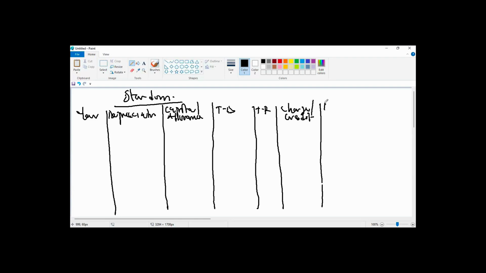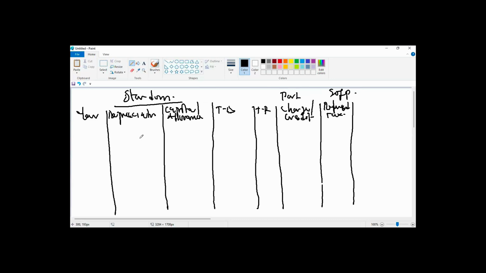You want to say the deferred tax balance, which can be an asset or liability. The charge or credit goes to P or L, and the balance goes to the statement of financial position.